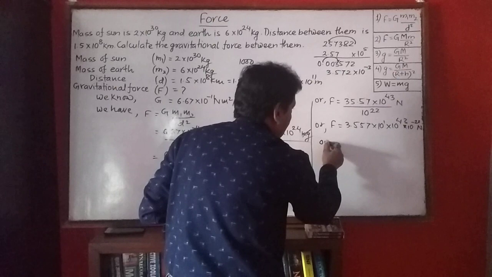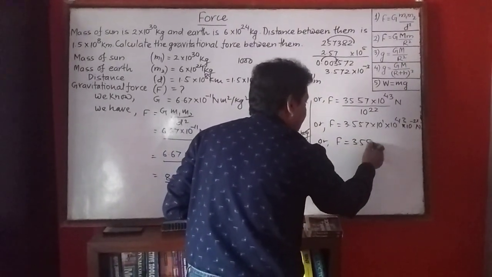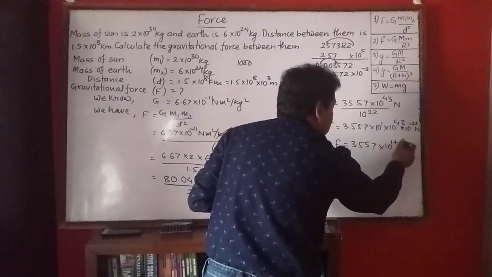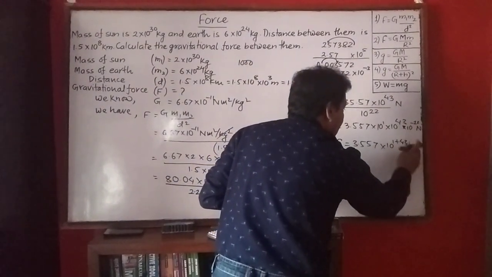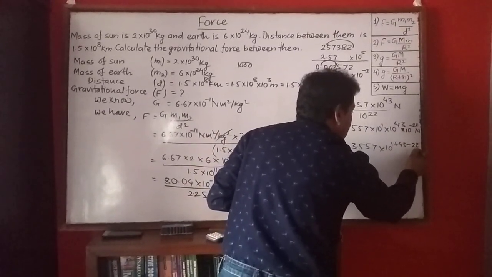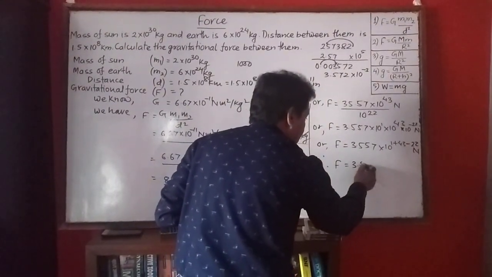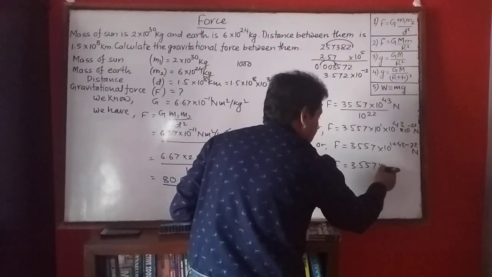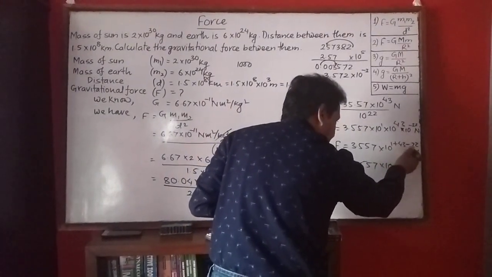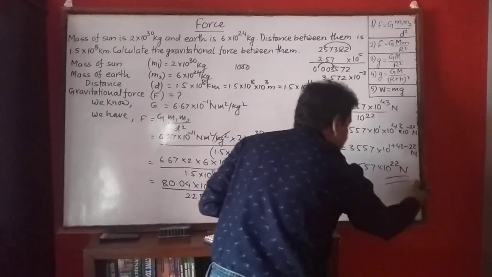Okay, or F is equal to 3.557 into 10 to the power 1 plus 43 minus 22 Newton. Therefore, lastly what came? F equal to 3.557 into 10 to the power 44 minus 22 becomes 22 Newton. This is our last answer.